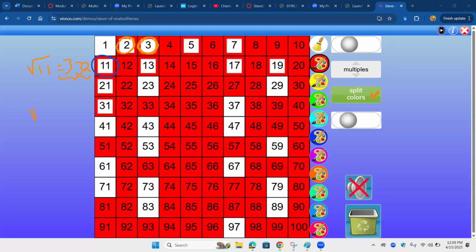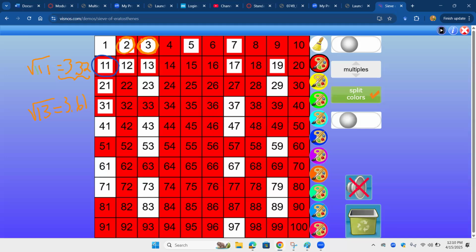If I take the square root of 13, I get 3.61. The numbers less than 3.61 are 2 and 3, but I already used those and crossed out a bunch of numbers, and I didn't cross out 13.